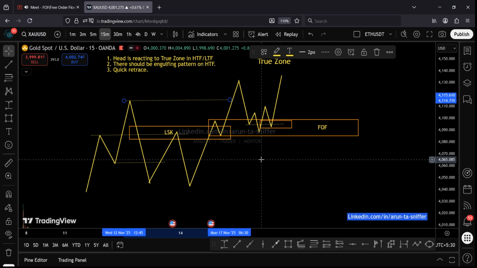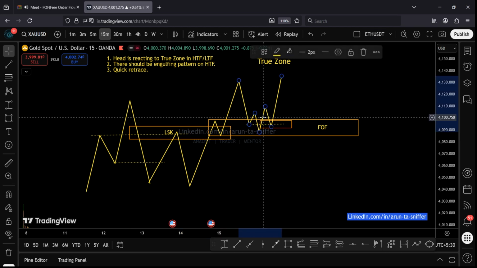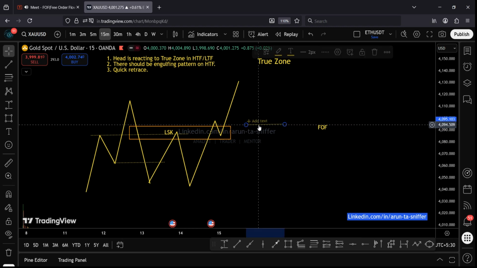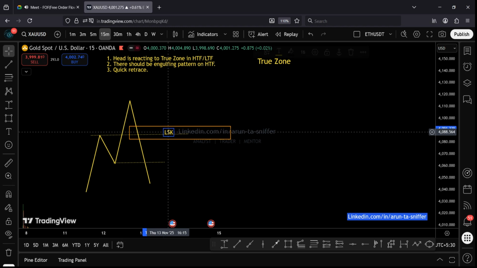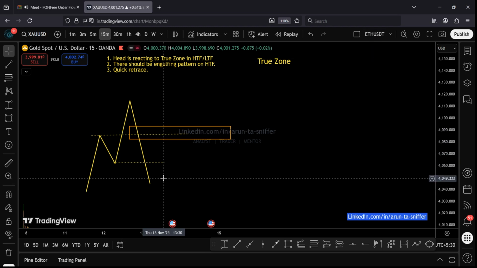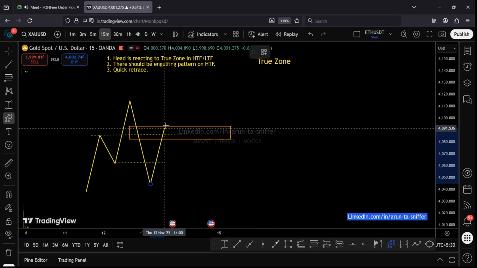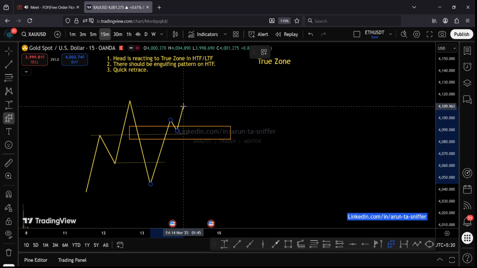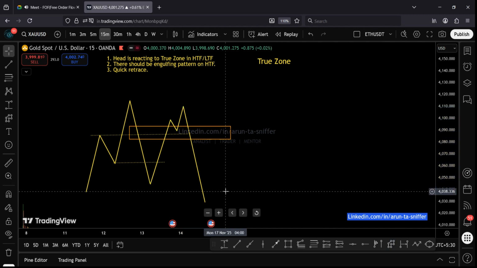Why do we do this? We have seen in the past, think like this. Price goes up and crosses this, pulls back a bit, then goes up, and then falls down. Why?